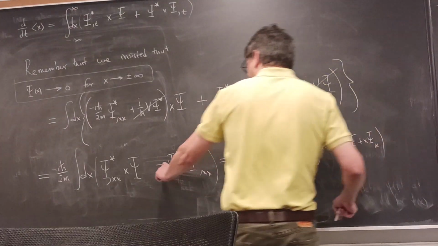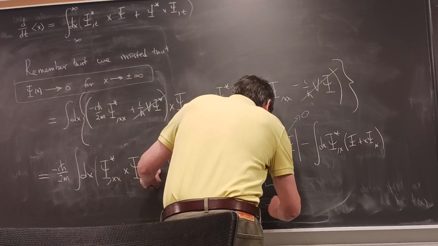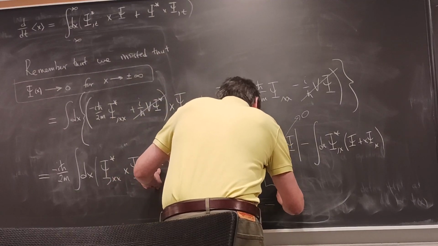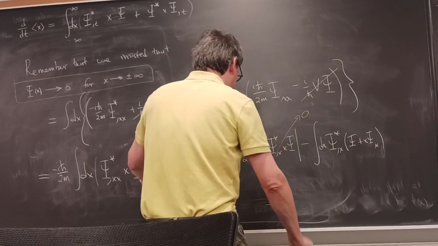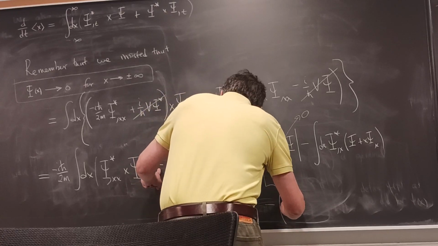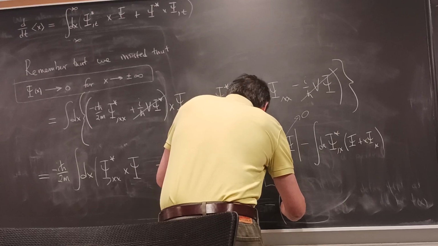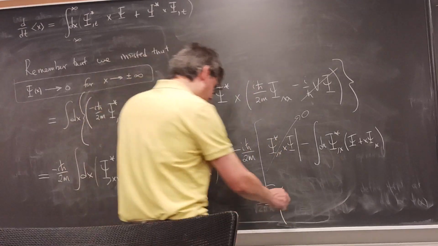Okay, and now we've got to do this piece. This is a minus, and we'll put some brackets here. I'm going to integrate this psi double x by parts.